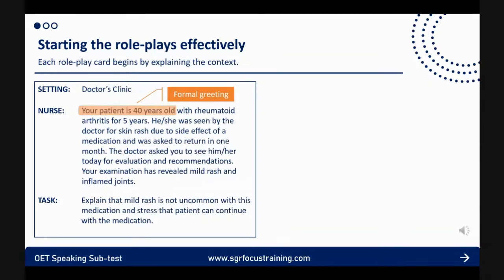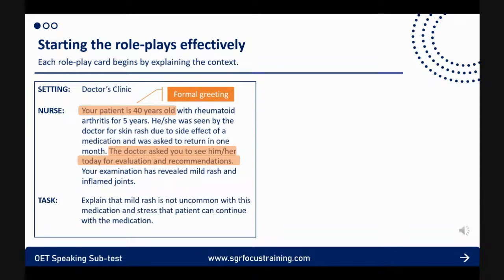The next thing that you need to look out for, not just the age, is, again, as I've mentioned earlier, the reason for the visit. Because the reason for the visit might not be their medical condition. If you look at this example, our patient has rheumatoid arthritis for the last 5 years. Now that is not the reason why they're coming to see you.